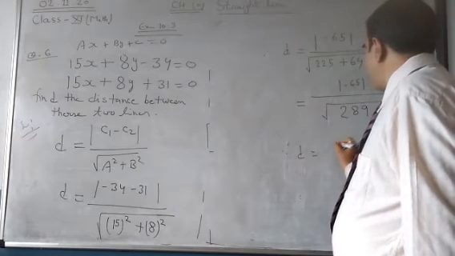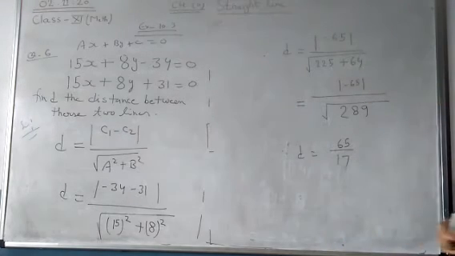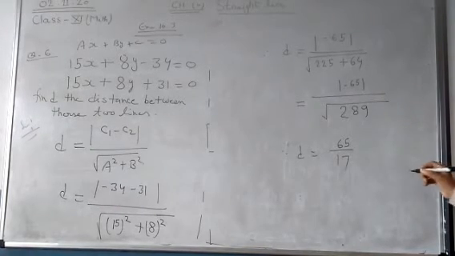Therefore d equals 65 upon 17. So d equals 65 upon 17. This is the distance between the given two parallel lines.